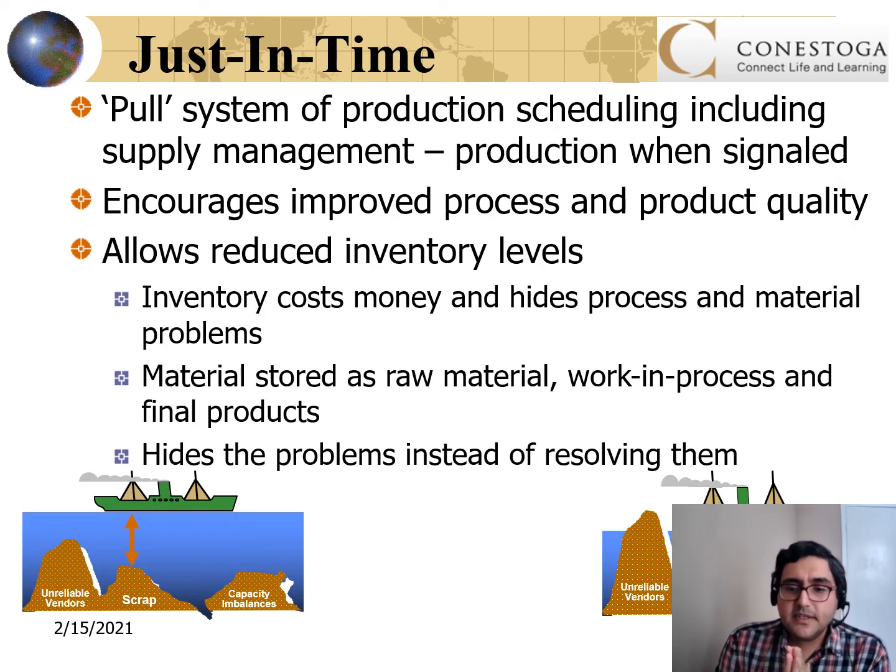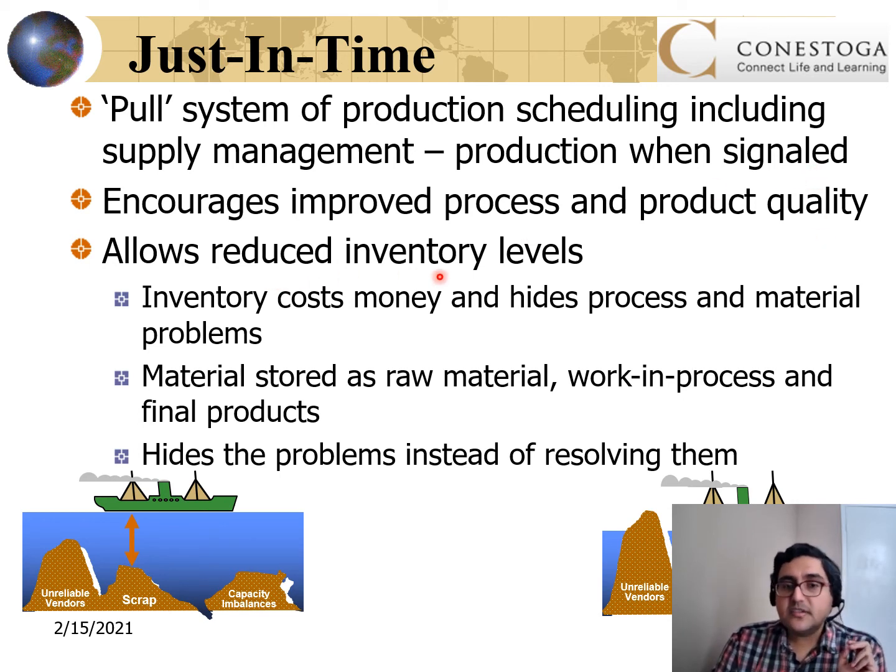The fifth method that we are studying is called the just-in-time production system. We might study this a little more in the inventory management chapter, but just-in-time is a very powerful philosophy which helps to ensure that you are not keeping lots of inventory in your organization. It encourages you to improve process and product quality.